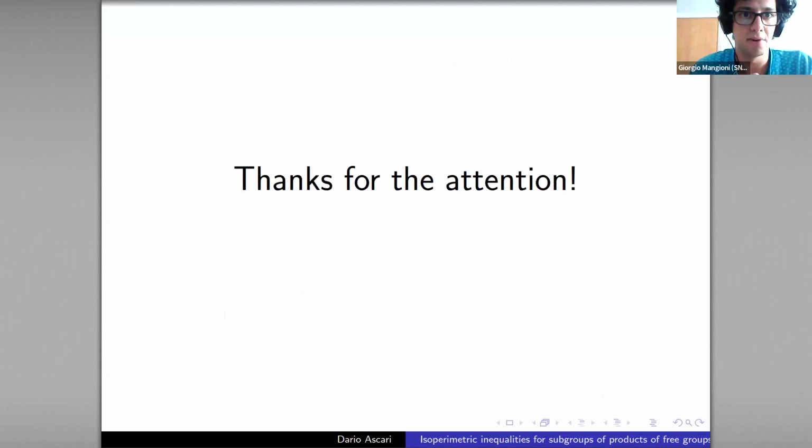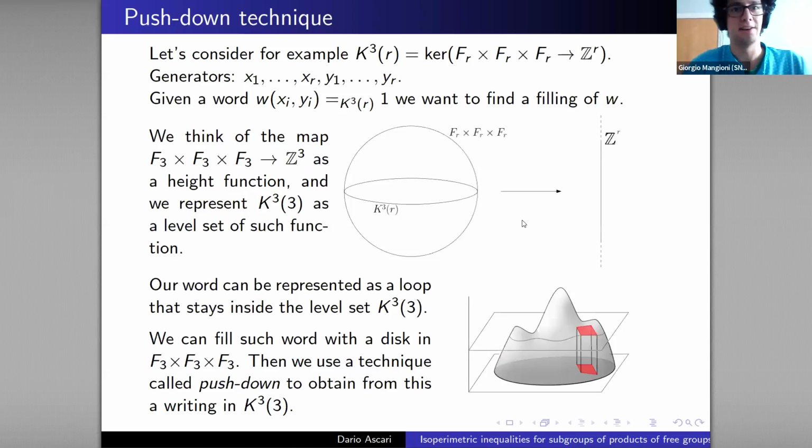Could you say a few words on why you get the exact exponent 9? You start with a quadratic covering. Unfortunately, this is essentially technical in nature. In practice, you perform this push down. As I said, you find some filling, where you write W as a product of conjugates of thick relations, and you want to write it as a product of conjugates of relations instead.